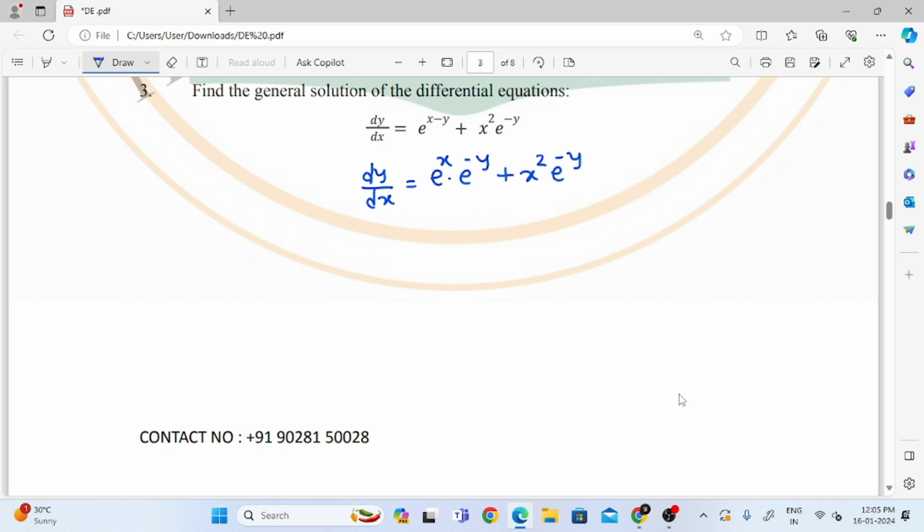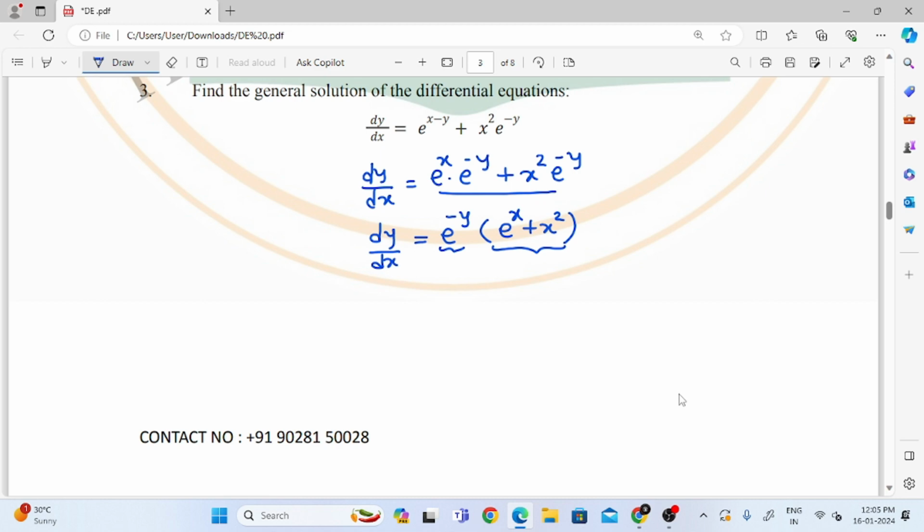Okay, so from both these terms we can see that e raised to minus y we can take common. If we take e raised to minus y common, what will remain inside the bracket? e raised to x plus x square. Okay, so this is the term of x only and this is the term of y.